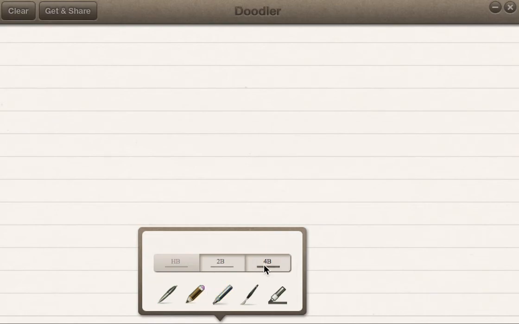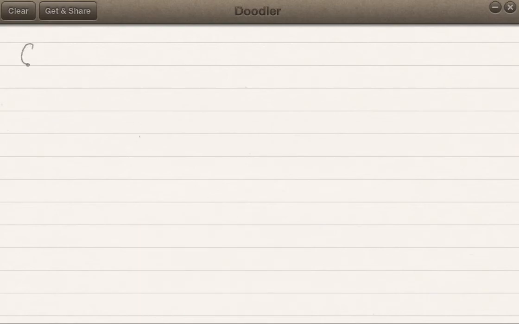So let's see if I can change this a little bit here. So chemical reactions. As you might guess, chemical reactions involve atoms.